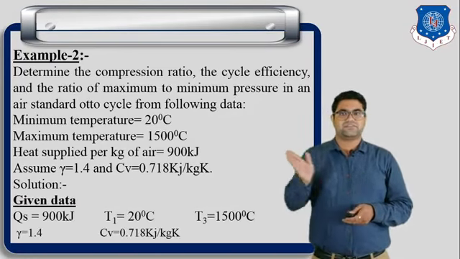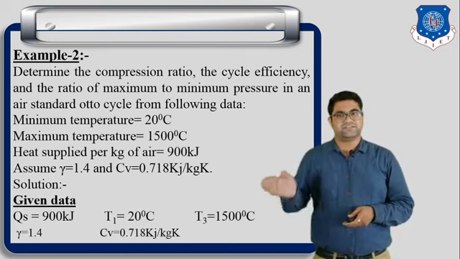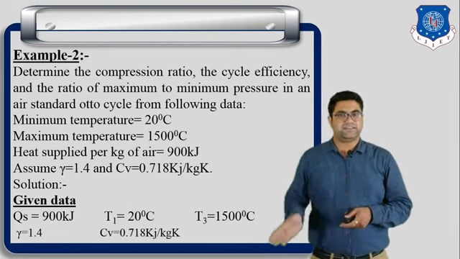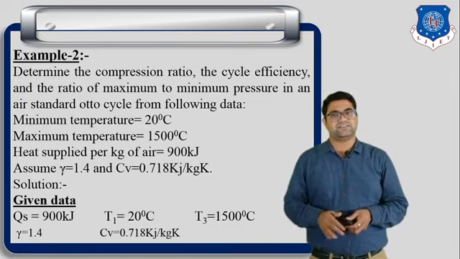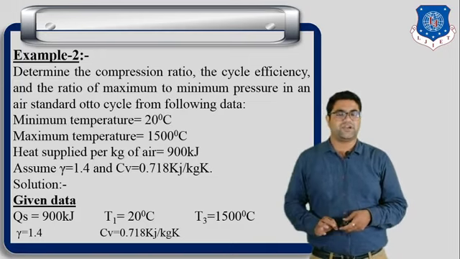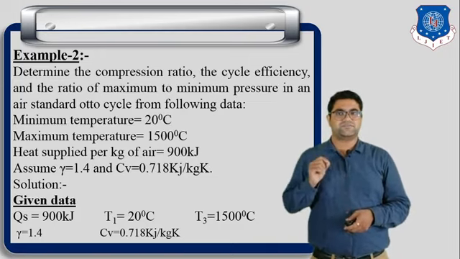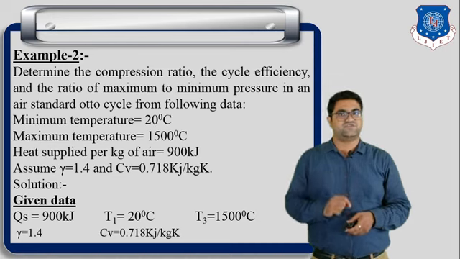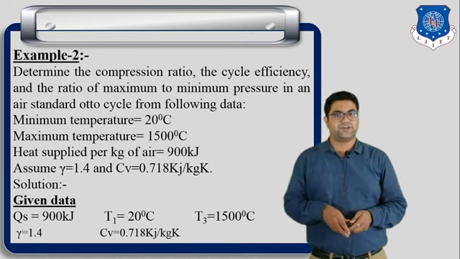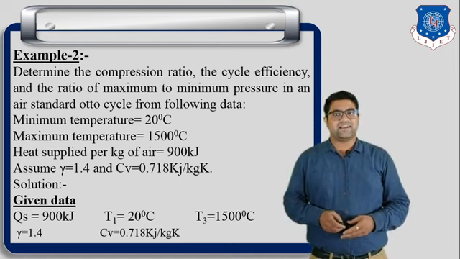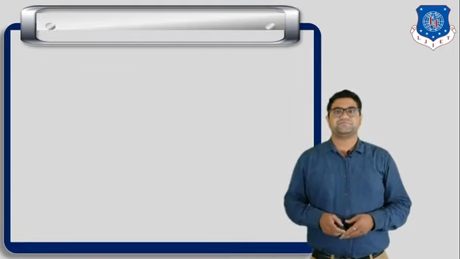QS is equal to 900 kilojoule, T1 is equal to 20 degrees Celsius, T3 is equal to 1500 degrees Celsius, gamma is equal to 1.4 and CV is equal to 0.718 kilojoule per kg Kelvin. Okay, so let us start the calculations.